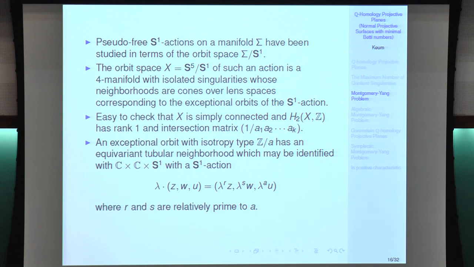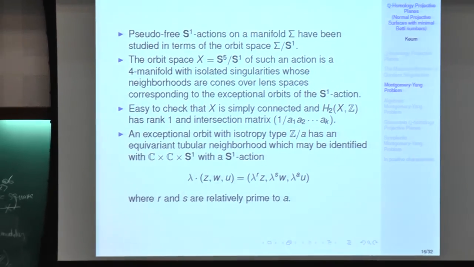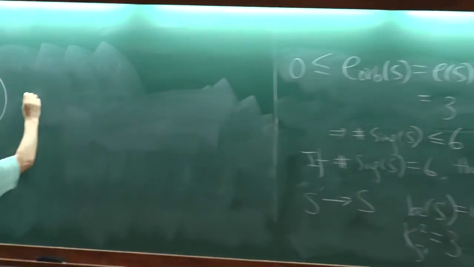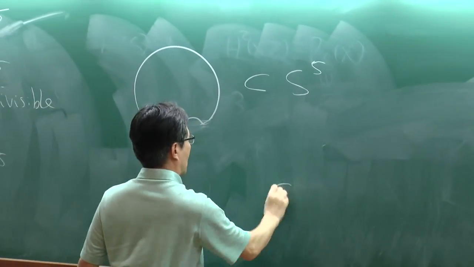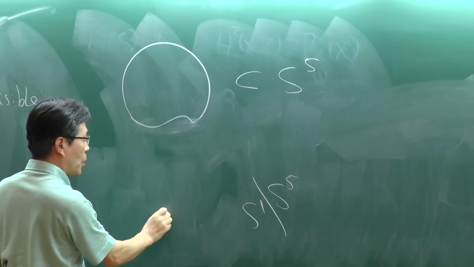So this is dimension 4. Suppose you have an orbit. Then this orbit becomes a point here.